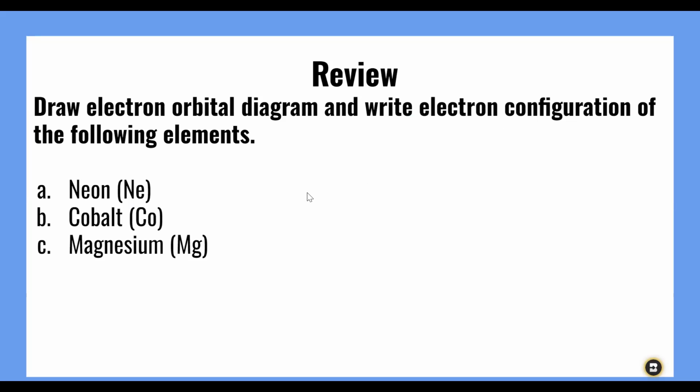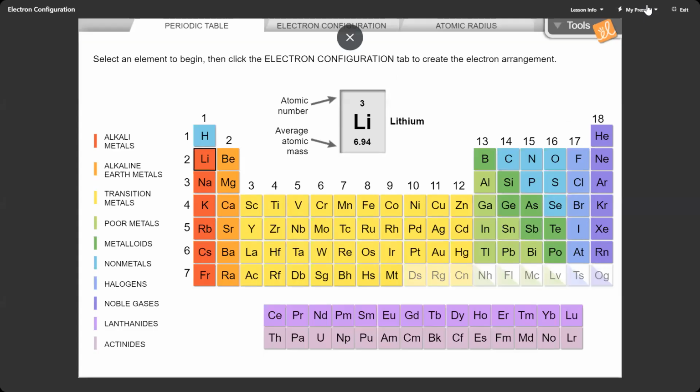So we want to draw electron orbital diagram and write electron configuration for neon, cobalt, and magnesium. Hopefully you watched the last video and are able to do this. But in case you did it and want to check your answer, this is how to do it.